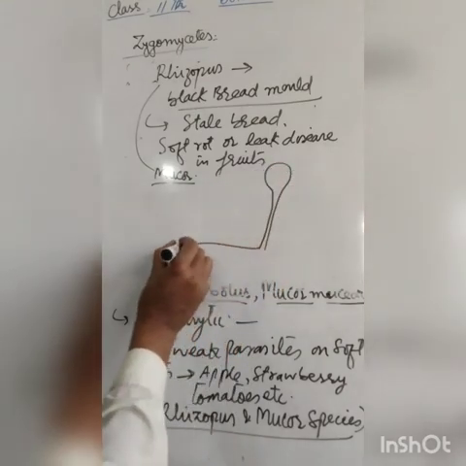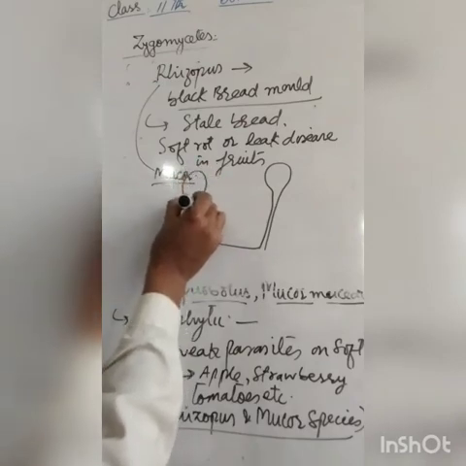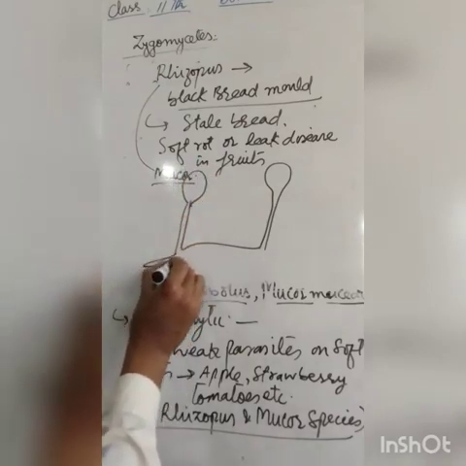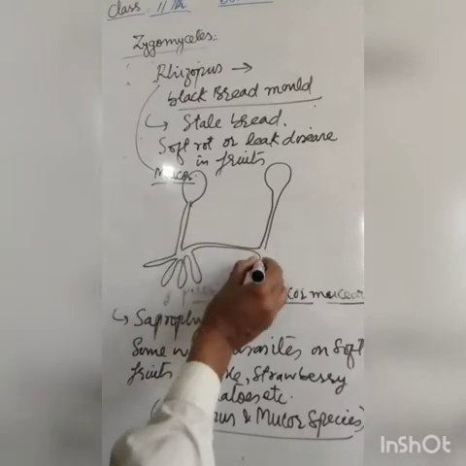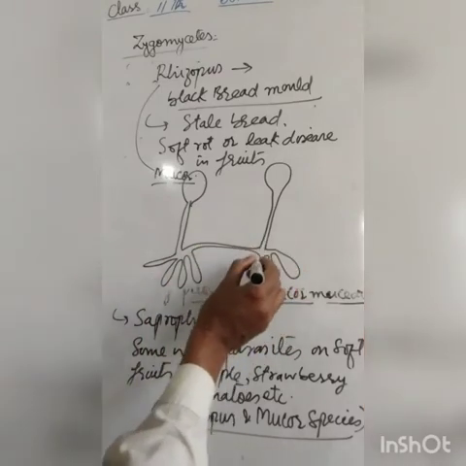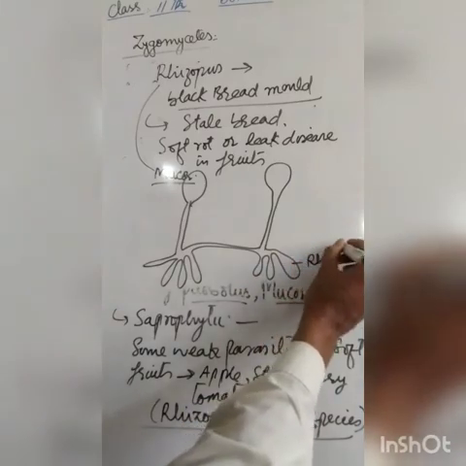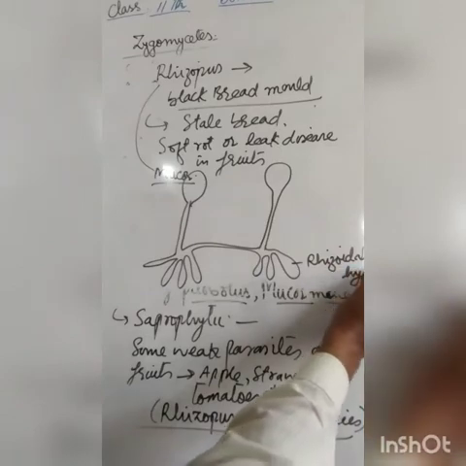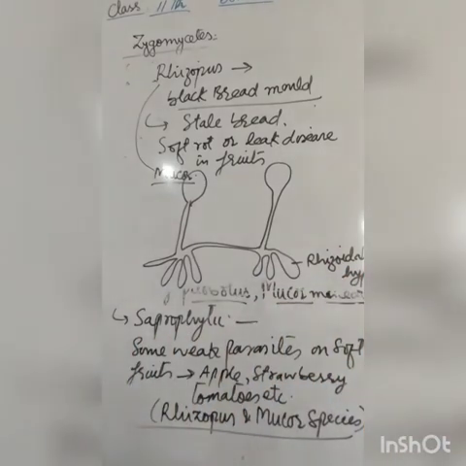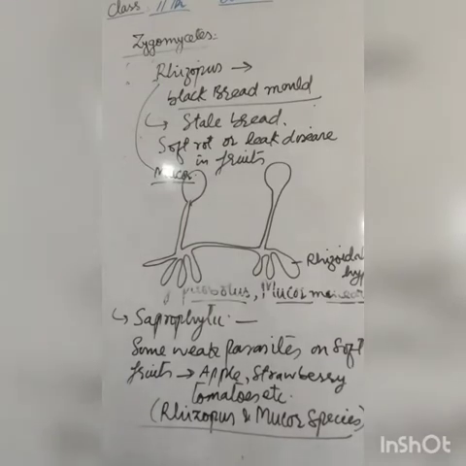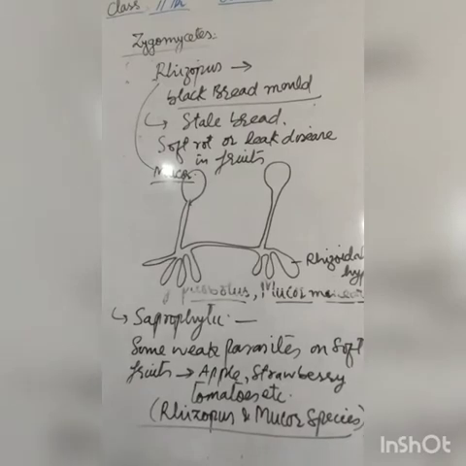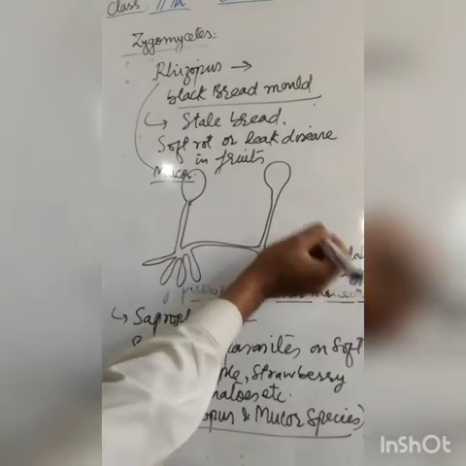First, the mycelium which enters into the bread is called rhizoidal hyphae.